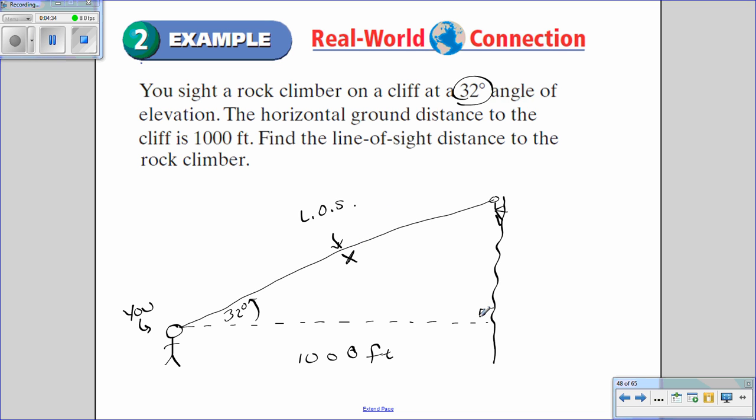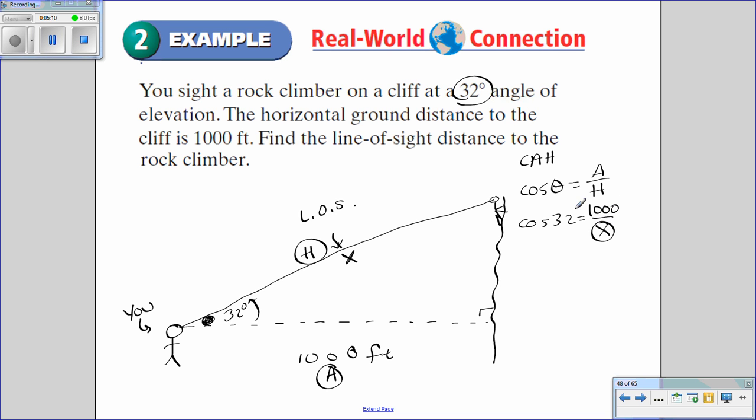Now, if you notice, we have a right triangle. Here's the angle we're viewing from, and there are two sides that we're dealing with. This would be the adjacent leg, and this would be the hypotenuse. So adjacent and hypotenuse would be CAH, representing cosine of the angle equals adjacent over hypotenuse. Plug in the information. Cosine of 32 equals adjacent, which is 1,000, over hypotenuse, which was x.